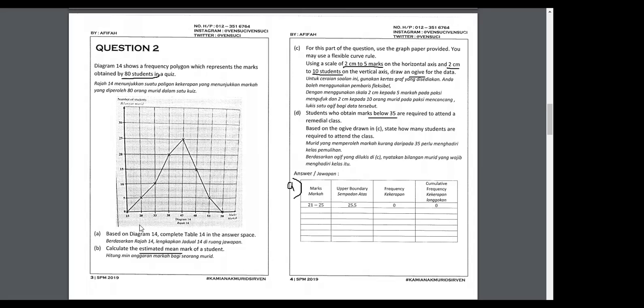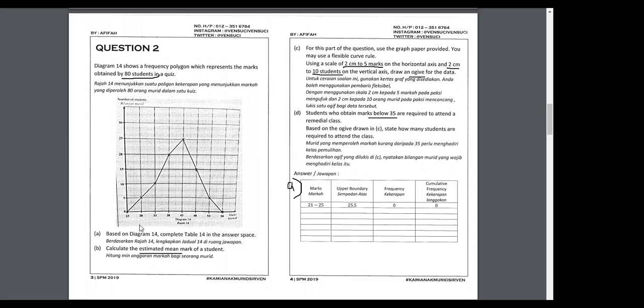For the final question, those who score below 35 are required to attend a remedial class. They want you to state how many, based on the ogive. So you just have a look at 35, because they want below 35. You just obtain it from the ogive.